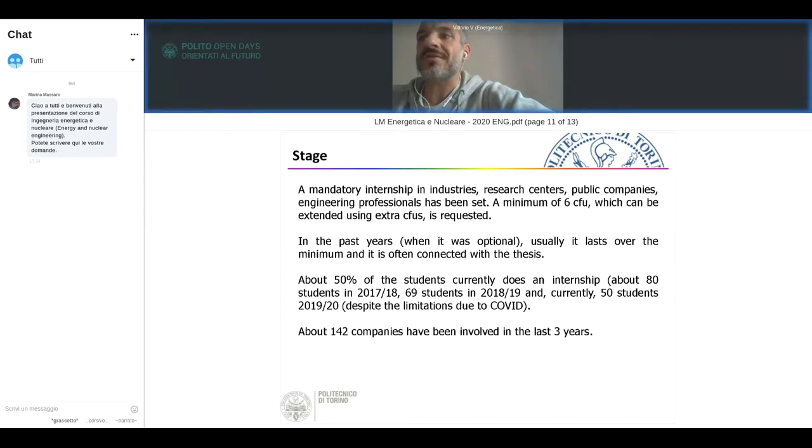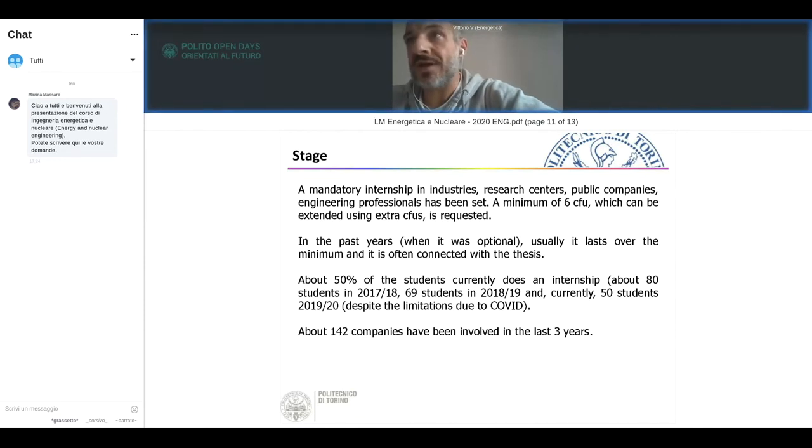Here you can see the numbers, roughly about 70 students per year decided. And even this year, despite the COVID issues, we had around 50 students selecting the internship. So far we have established relations with almost 150 companies in order to develop this internship.